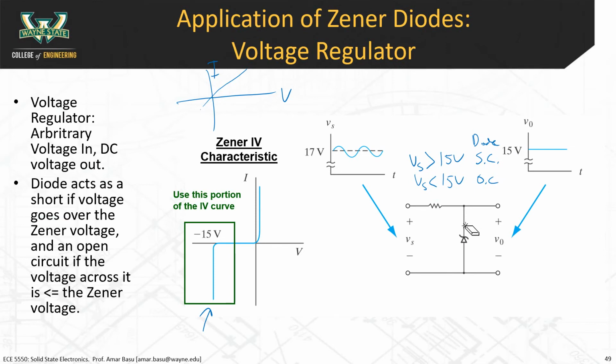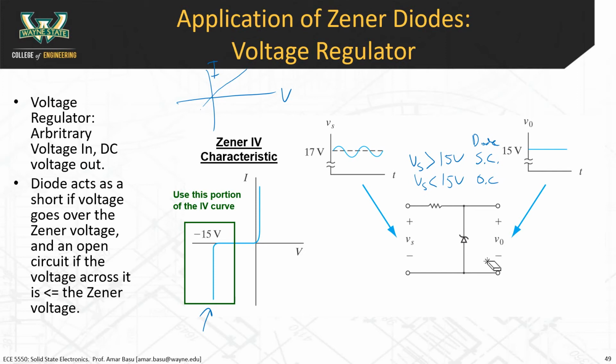If the voltage is less than 15 volts and the diode is open-circuited, there's no current through here, right? So then you're able to have a current going into whatever your load happens to be. But the output voltage here is equal to whatever you put into it.